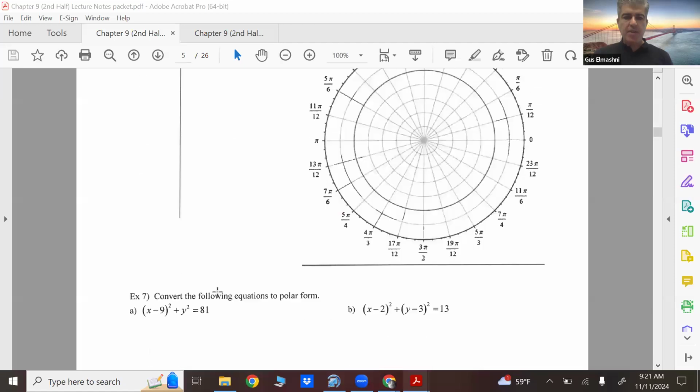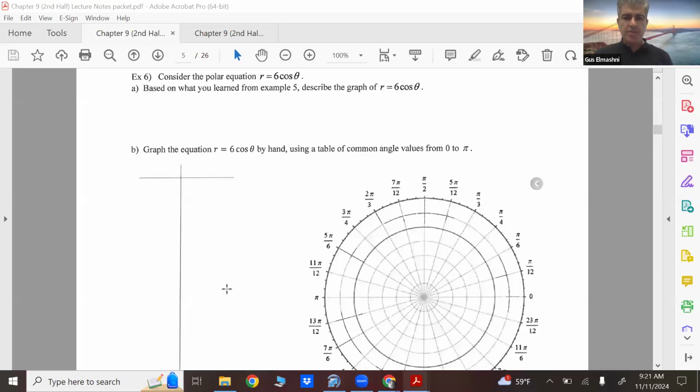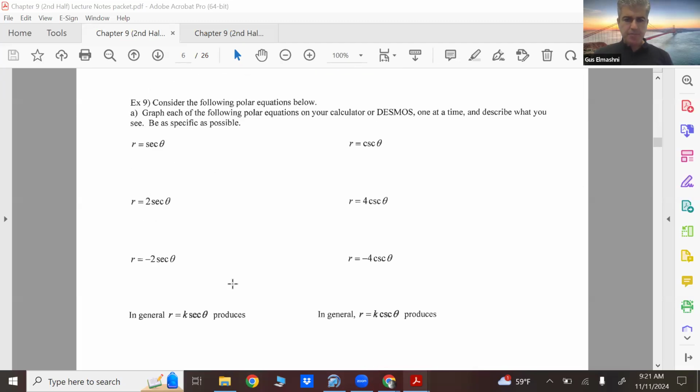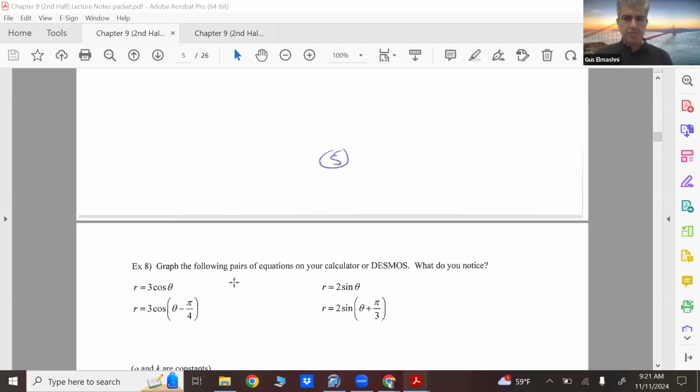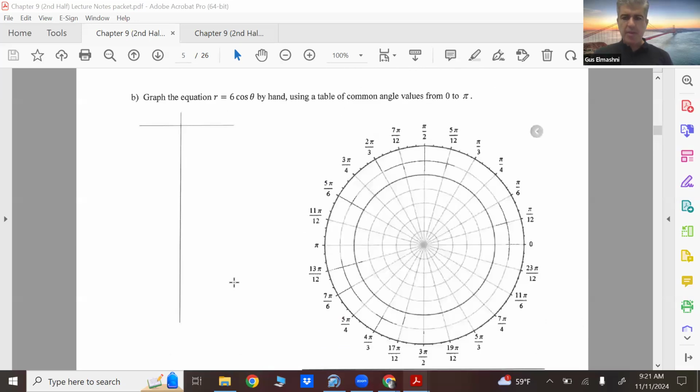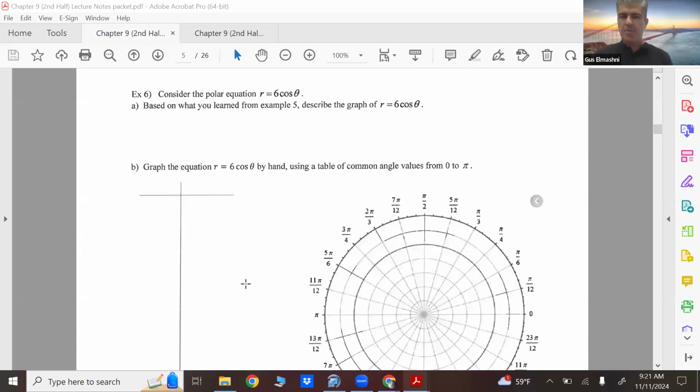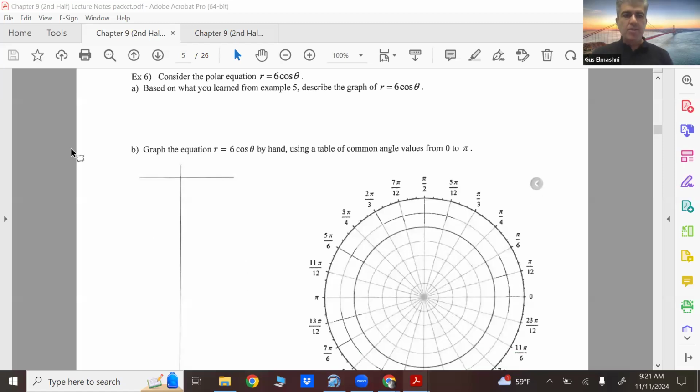This one asks us to go a slightly deeper dive. I think we could do example 6 and 7, I could just briefly talk about, and then we'll stop there for today. So for r equals 6 cos theta, describe the graph.